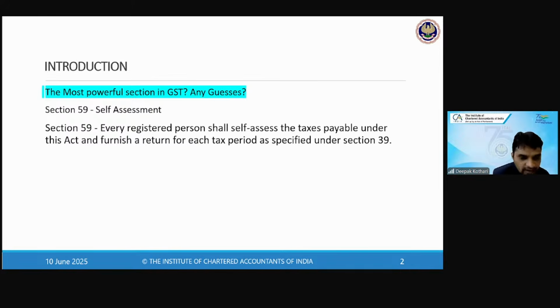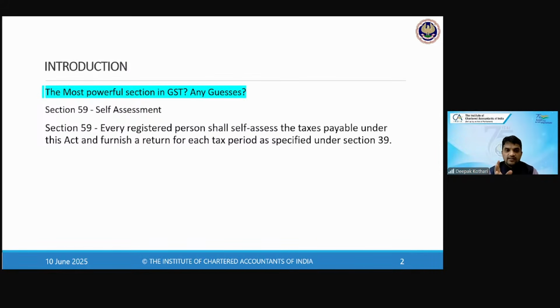You don't wait for others' assessment. You have to do self-assessment, and furnish a return based on your own assessment. How do you conclude your assessment? The assessment we know under the Income Tax Act results in a notice and then an order. But whatever self-assessment you do, that gets concluded through a return because you don't have to pass an order. Yours is self-assessment. You are doing the self-assessment.